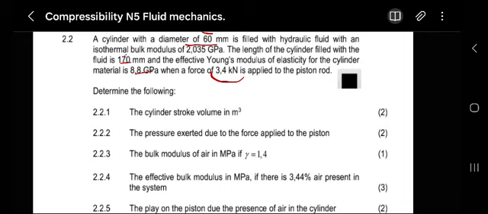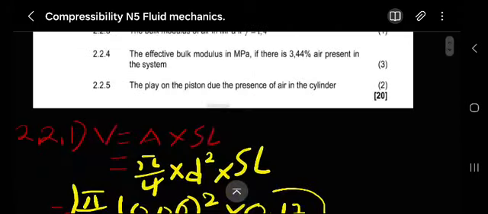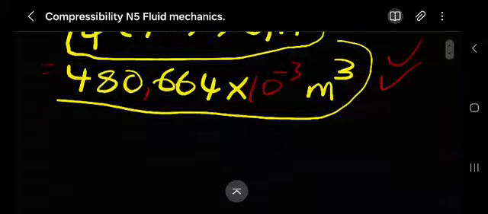Then we know that we want the pressure. We know that pressure is equal to force divided by area. Let us do our thing there. This is 2.2.2, right?